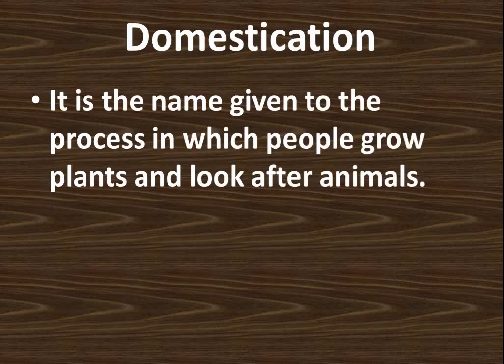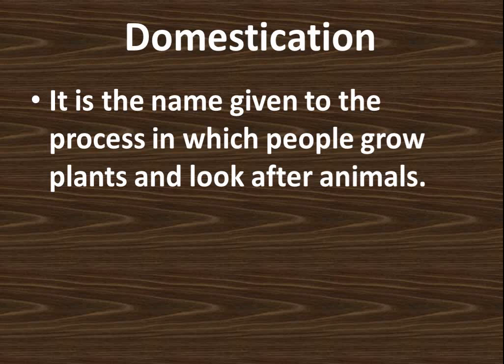The next topic is domestication. What does it mean? What is domestication? It is the name given to the process in which people grow plants and look after animals. It means the process in which people grow their own crops and look after animals is known as domestication.